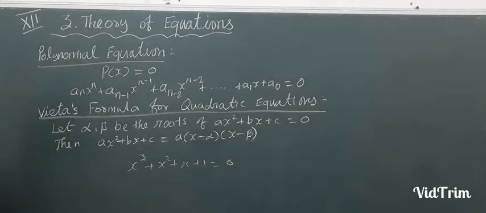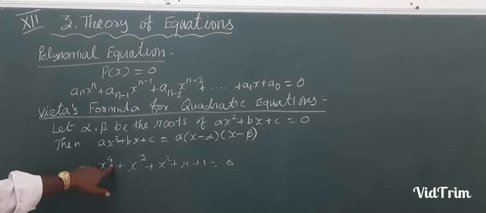It is called a cubic polynomial. If you have x power 4, that is a quartic equation. So these are the basic information about polynomial equations.